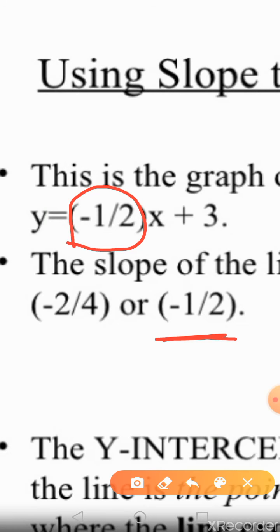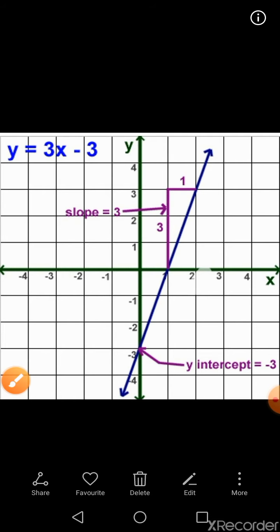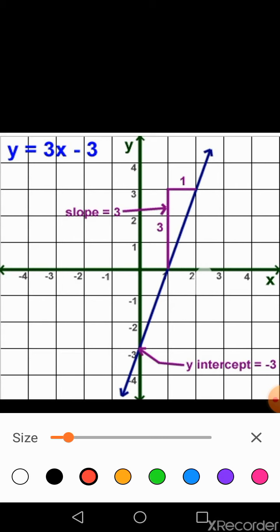But how can I get it from the graph? Let's see it together. If I have a graph like this, the slope is the change in y over the change in x. So I will indicate any 2 points like here. Then I will make a right triangle to match them together, like the purple triangle here.